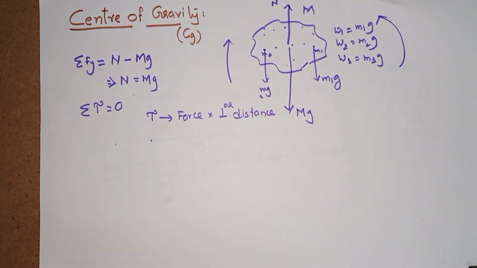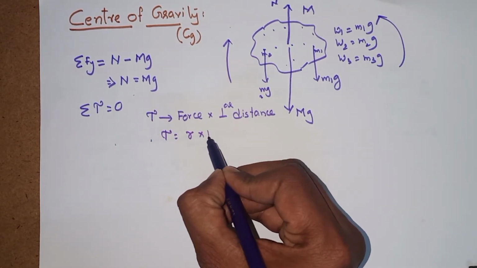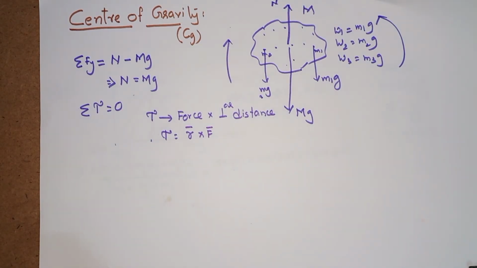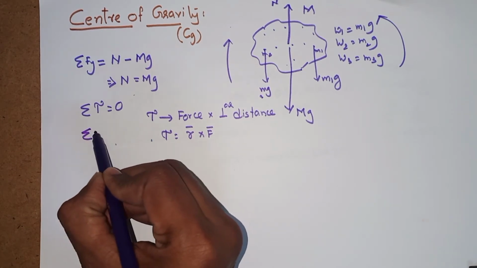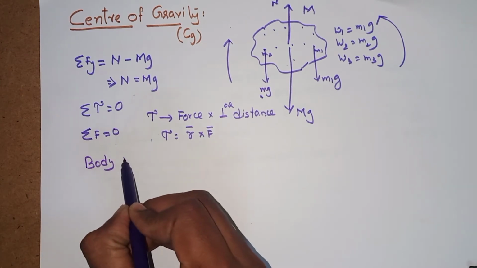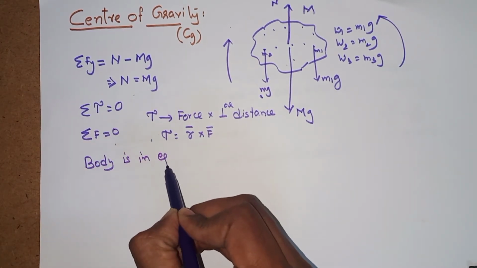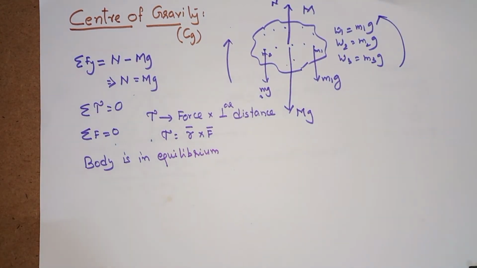Or torque is equal to, in vector notation, which we will come to know in the next sessions, r cross F. If the total torque is zero and the total force acting on it is zero, then the body is in equilibrium. When the body is in equilibrium, it means it is completely balanced.